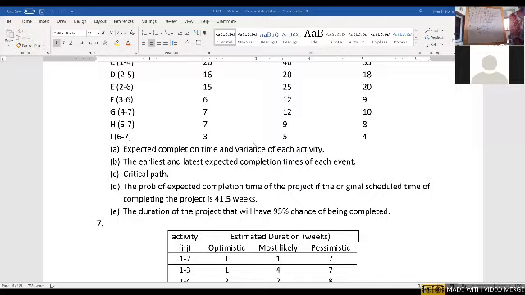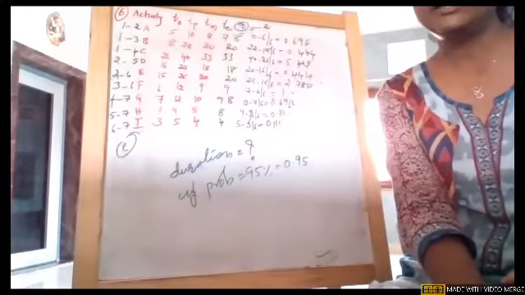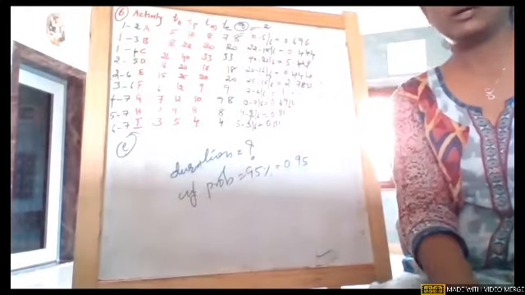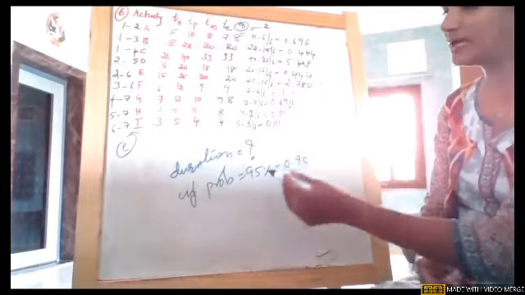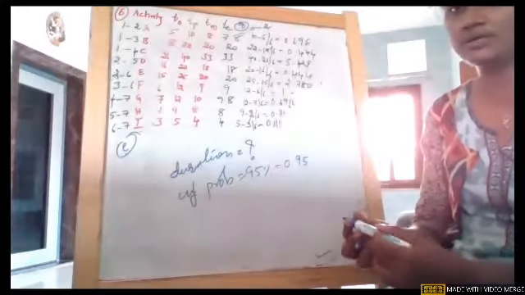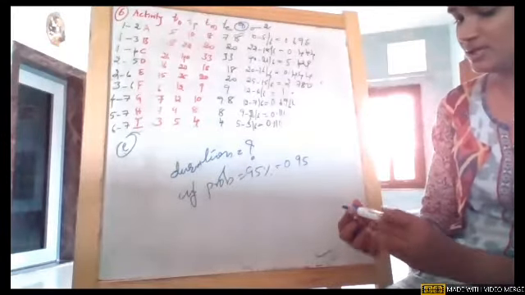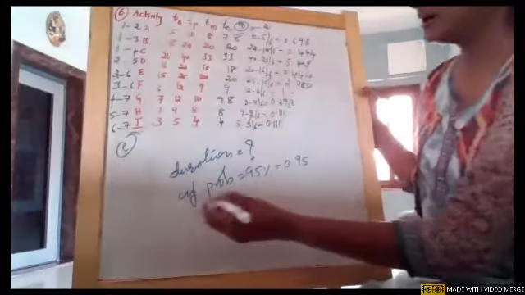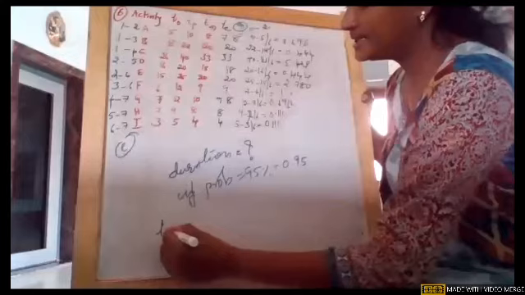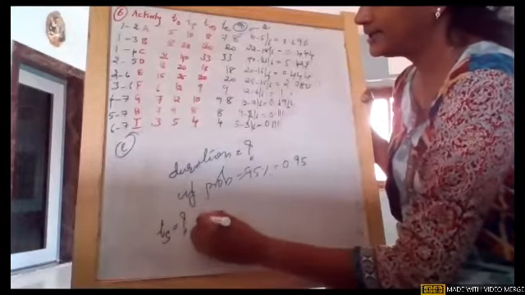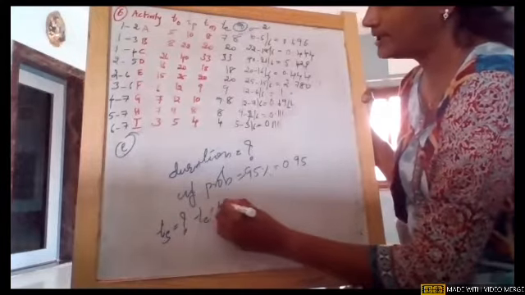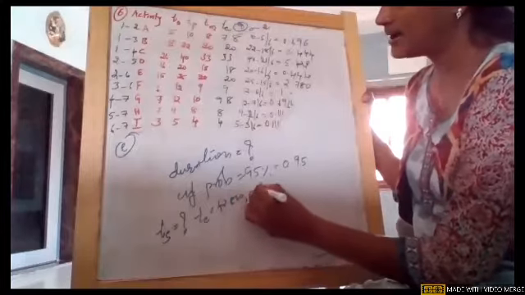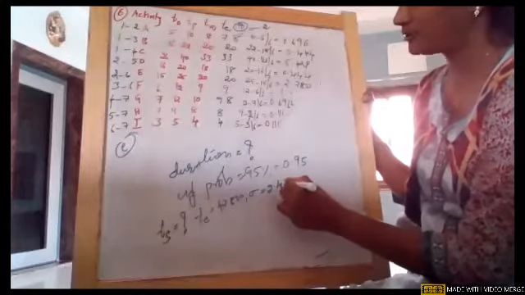Now we need to do the reverse thing. We already did it while we were learning normal distribution. Now they gave us the probability and we need to find the duration. Again, we need to follow all the same things. We need to find TS. TE is 42.8 weeks and sigma is 2.474.